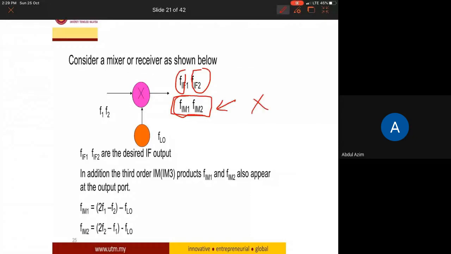So this is the information that we want, which is carried in the IF. When the addition of the third order, for example here, the first image and the second image appear here.